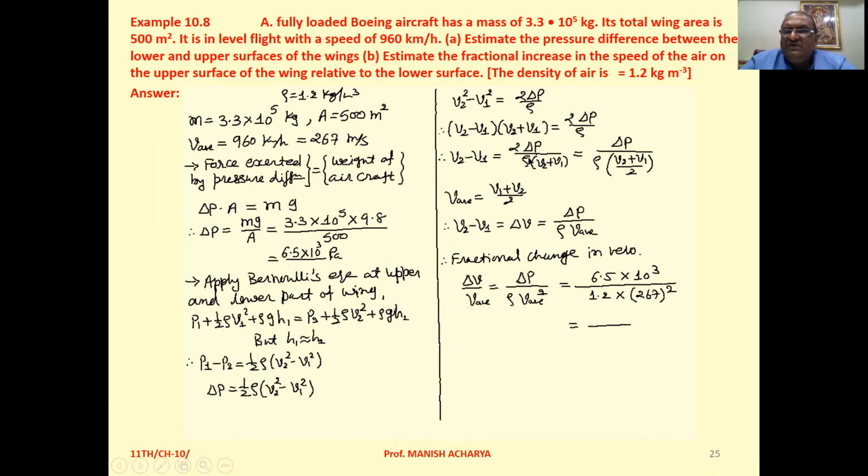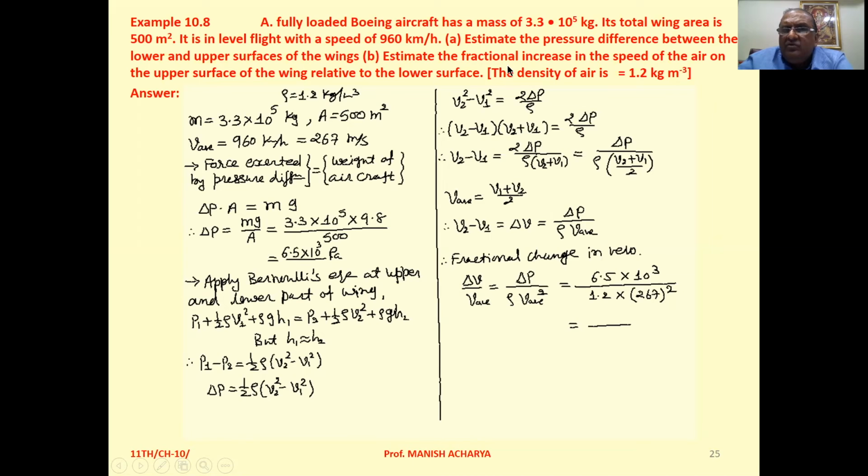So V2 minus V1 is 2 delta P upon rho times (V2 plus V1), which we can rewrite as delta P upon rho times (V2 plus V1) by 2. Now (V2 plus V1) by 2 is V average. We write V2 minus V1 as delta V, the change in velocity between the upper and lower air layers, equal to delta P upon rho V average.